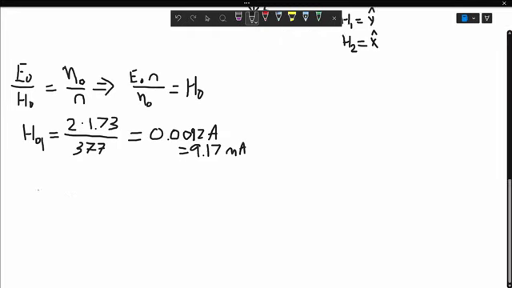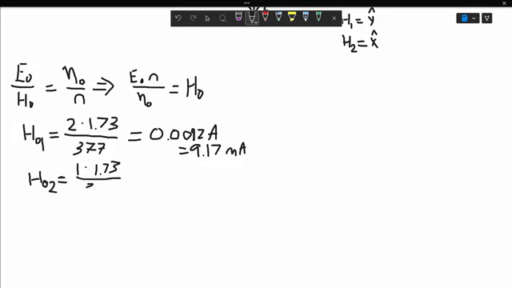Okay, and now to find the second amplitude of the H field. The only difference from the first one is that our original amplitude of the second part of the E field was 1. So it's 1 times 1.73 divided by 377. So it should end up being half this first answer.